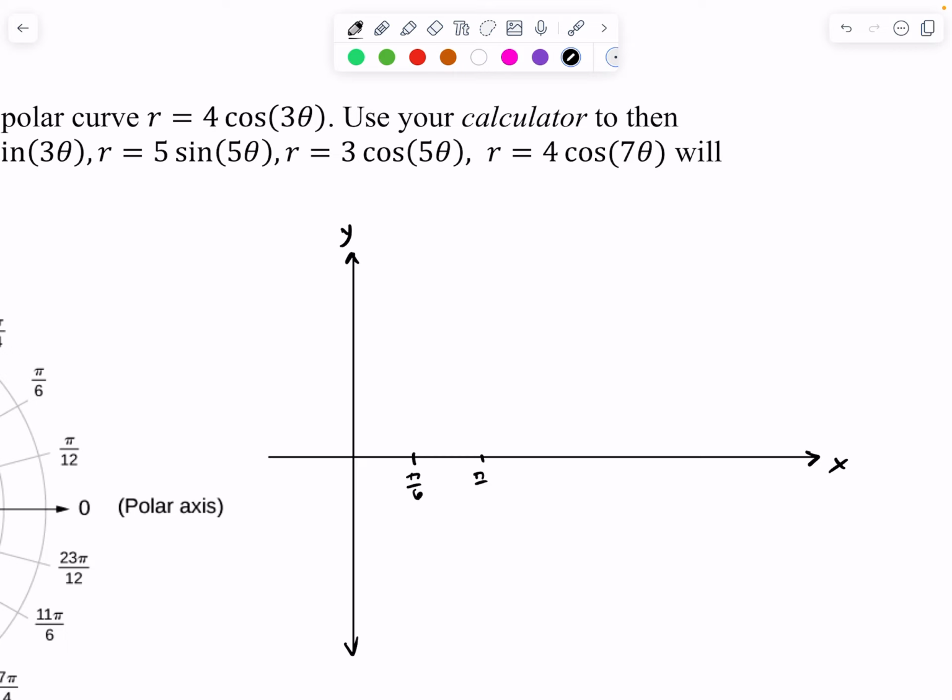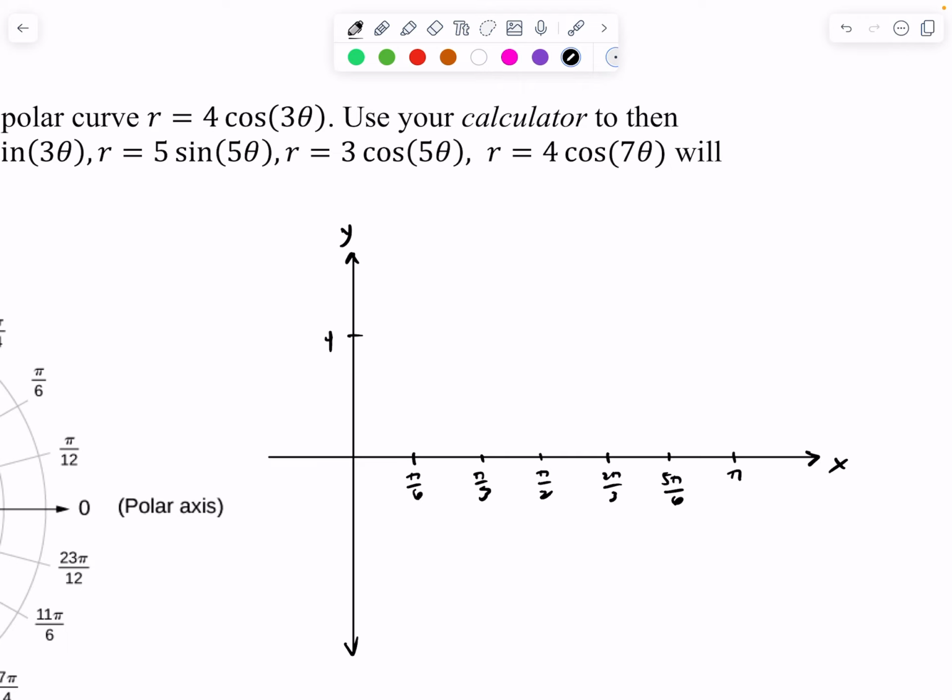2 pi over 6, 3 pi over 6, 4 pi over 6, 5 pi over 6. So 2 pi over 3 is 1 period. I think we have to go a little bit further. How about we go to pi and see what happens. Again, you know you're done once the graph starts repeating itself.